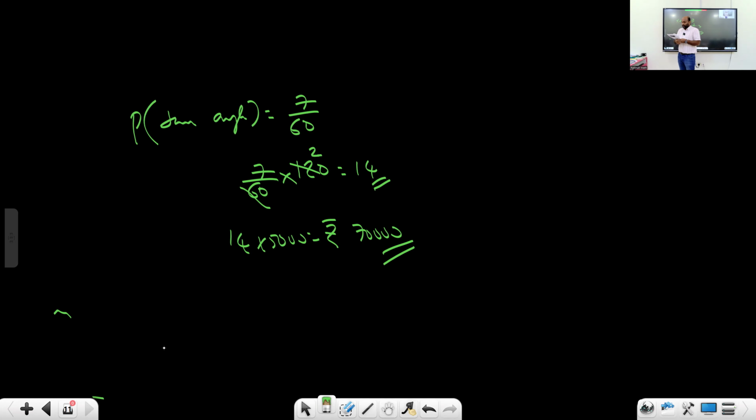Question number 10. A ball is thrown in the air so that t seconds after it is thrown, its height h meters above the starting point is given by the polynomial h equal to 25t minus 5t square.